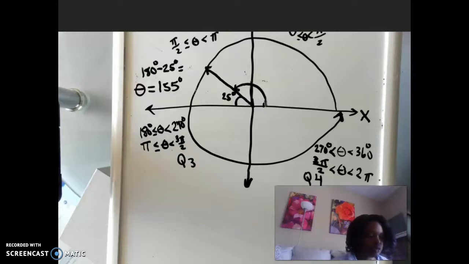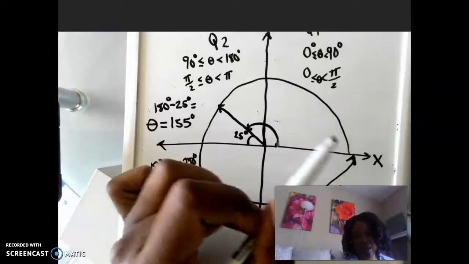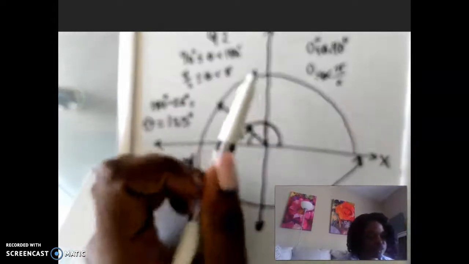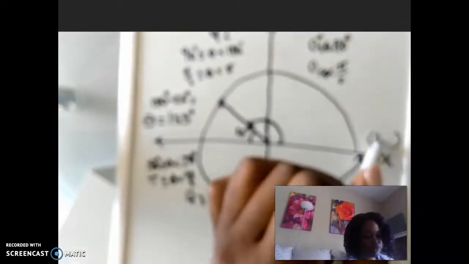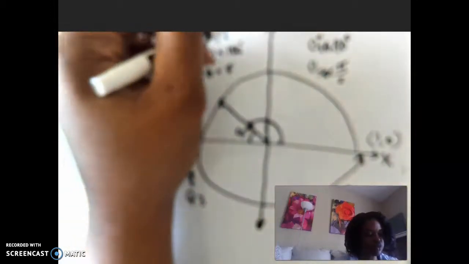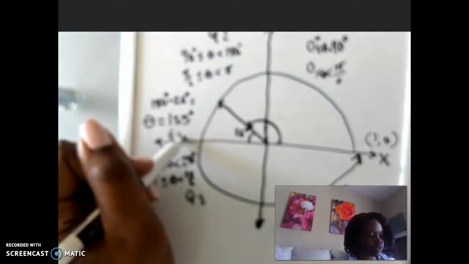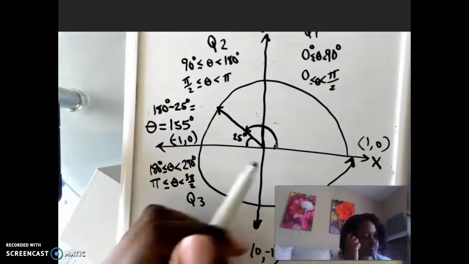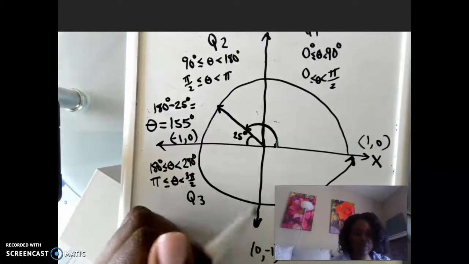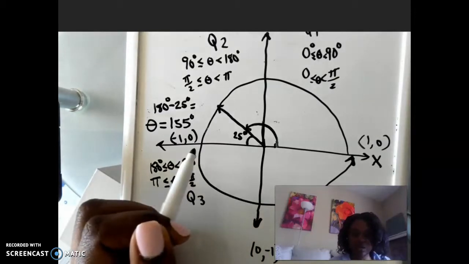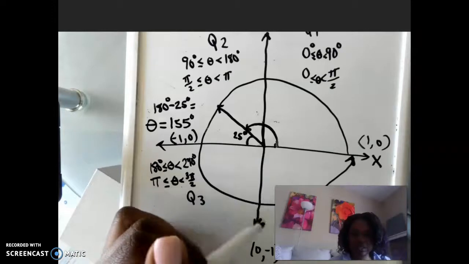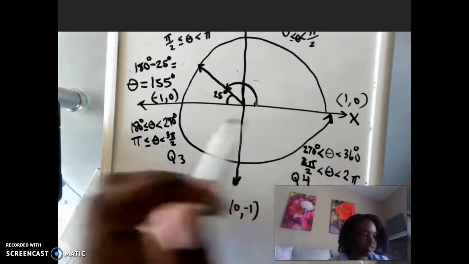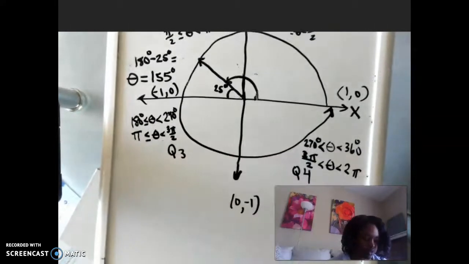And because one thing, if we remember how we go about the coordinates here, so this is 1, 0, this is 0, 1, this is -1, 0, and this is 0, -1. So this kind of goes in a way where we consider this 270 degrees. We kind of use that within that quadrant as well.